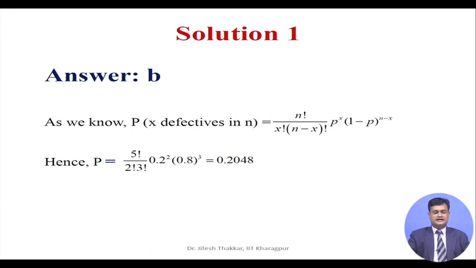You can see the correct answer. It is a binomial distribution. Probability that x defectives in n is n factorial divided by x factorial times n minus x factorial, p raised to x, 1 minus p raised to n minus x, and hence the probability is 0.2048. Answer B is correct.